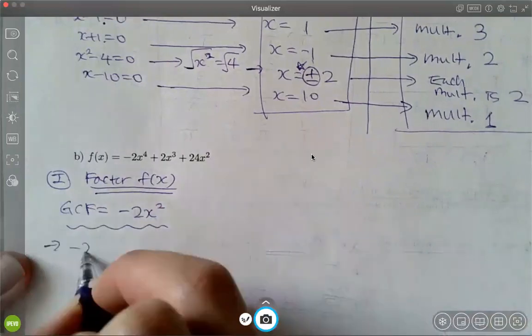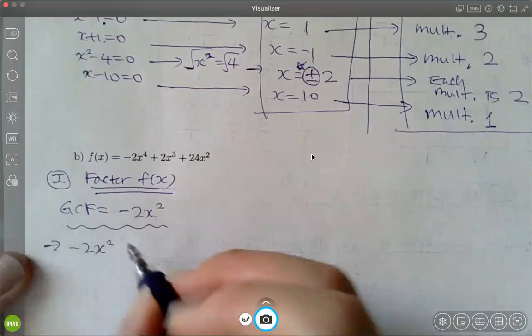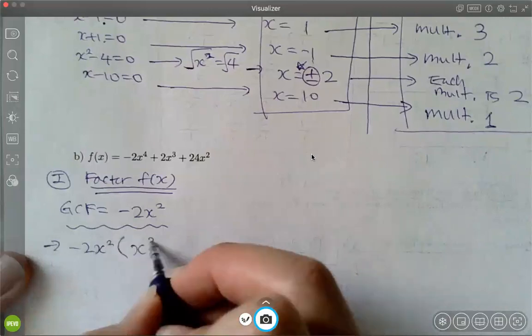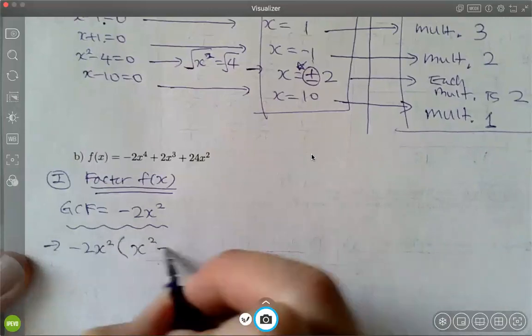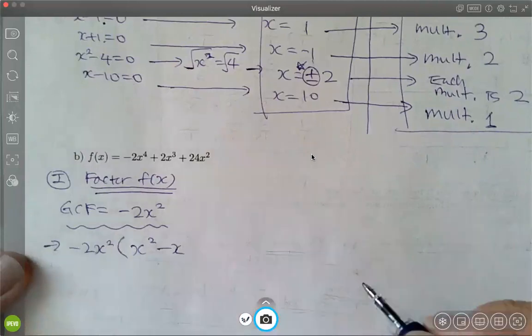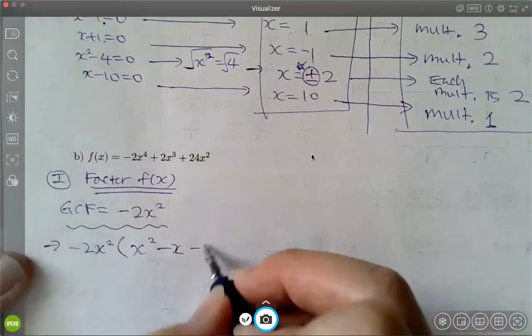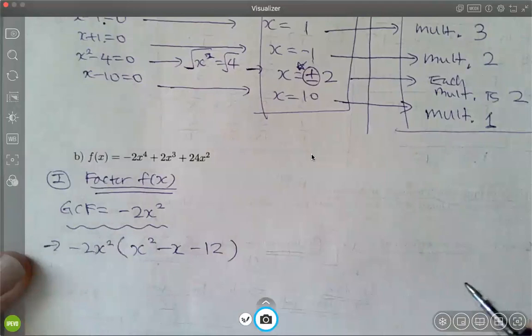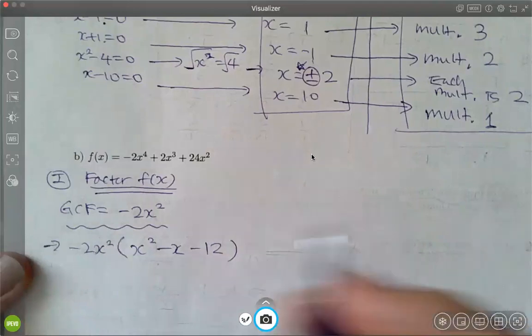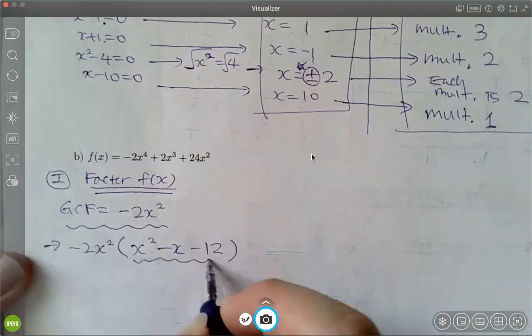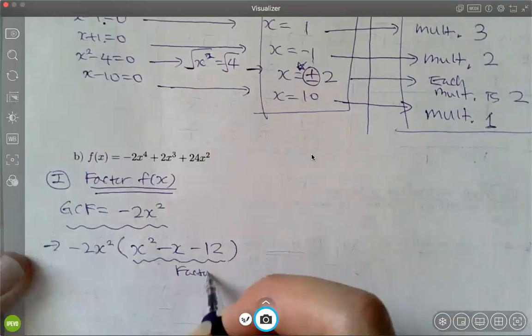Negative 2x squared times x squared, and then minus x, and then minus 12. Can this be factored further? Yes.